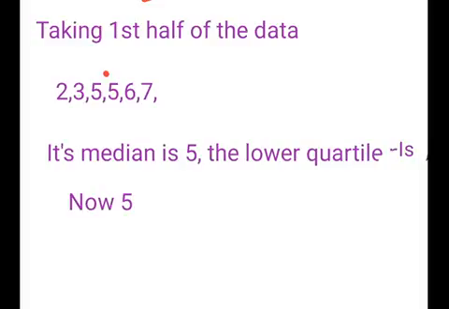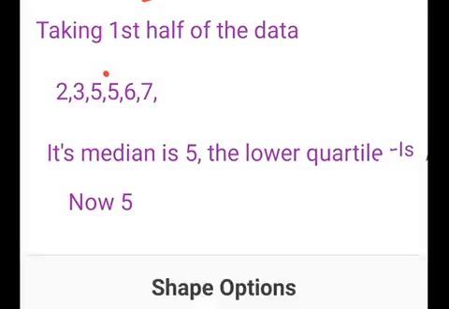Then after getting the first half, we find its median by cancelling out. So the median of the first half is the lower quartile. Let's cancel out our data.